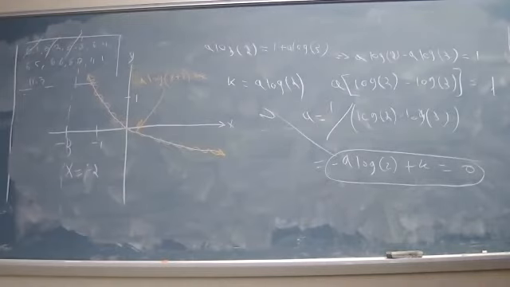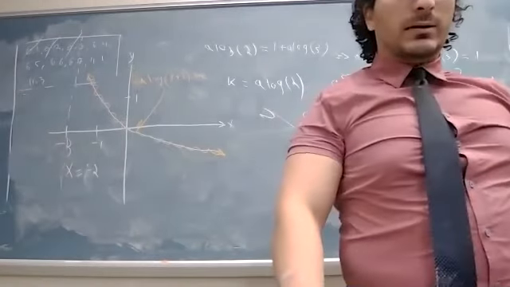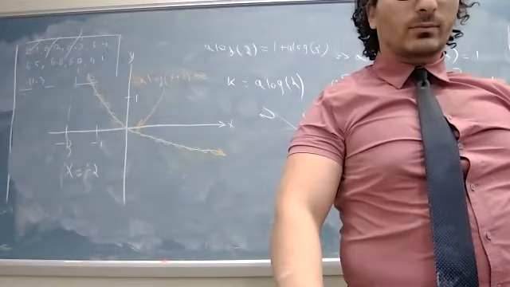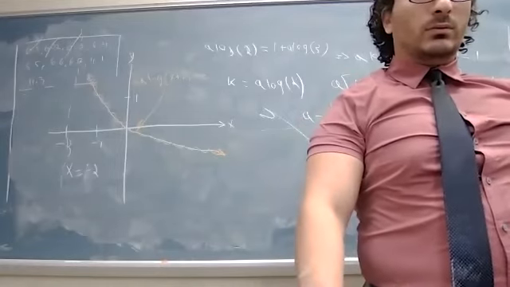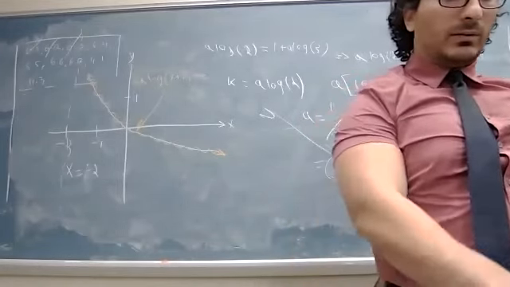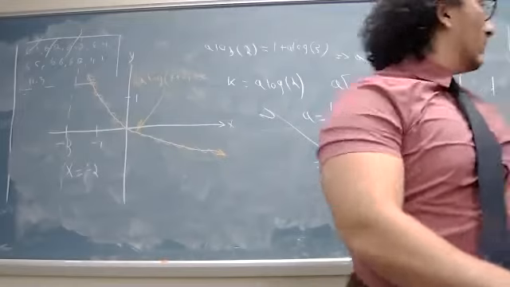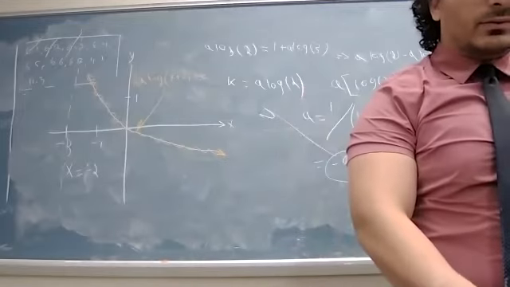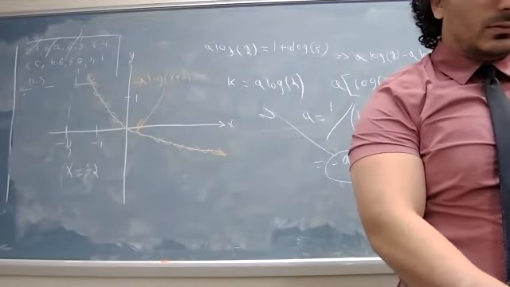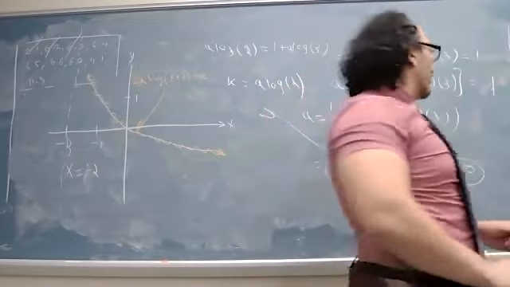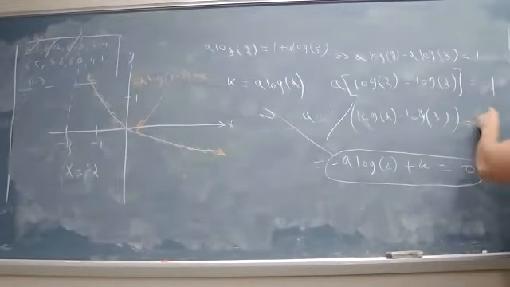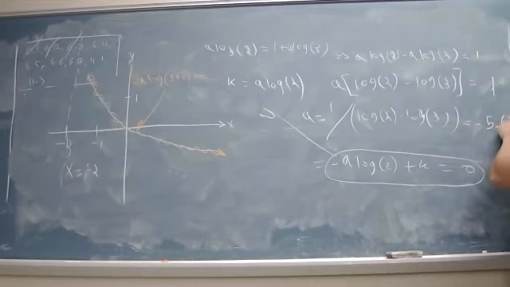Once we know a, once we compute what this value is, let's see here. 1 divided by log of 2 minus log of 3. That's negative 5.67. That's our a.